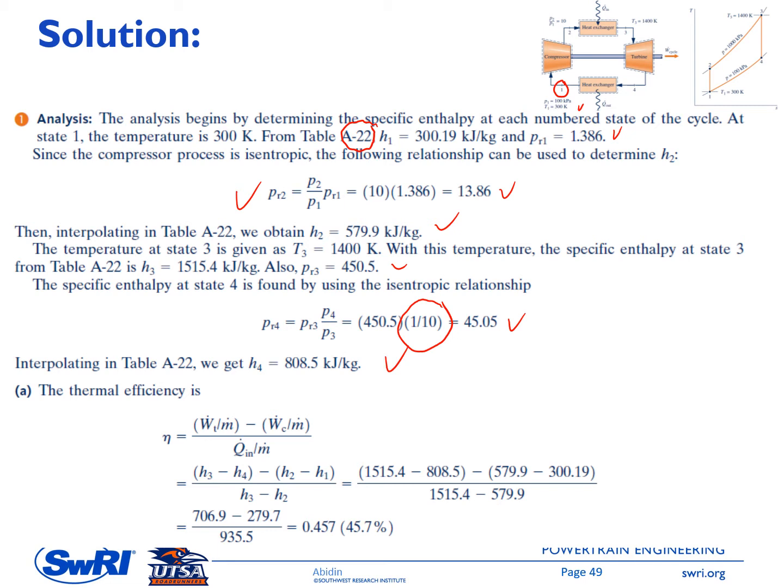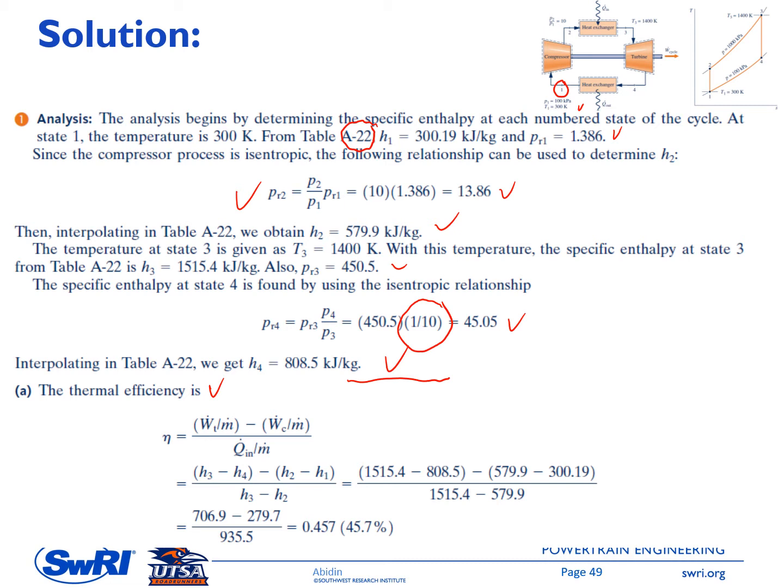Up to this step, we have been able to specify the properties at each point, point 1 through point 4. Then we are ready to answer the question. The first question is the thermal efficiency of the cycle. The thermal efficiency equals what we gain over what we pay. What we gain here is the net work, so this is the turbine power minus the compressor power over Q in.